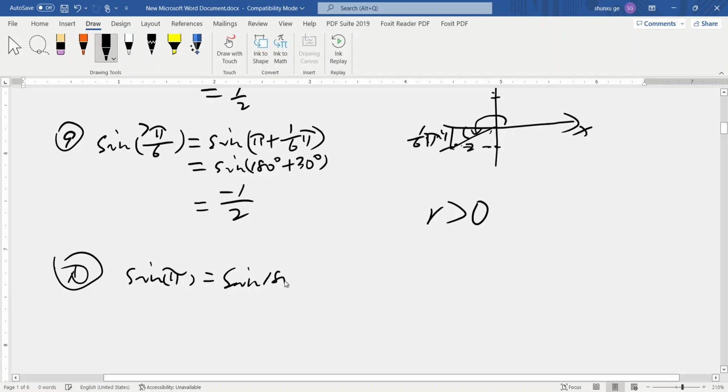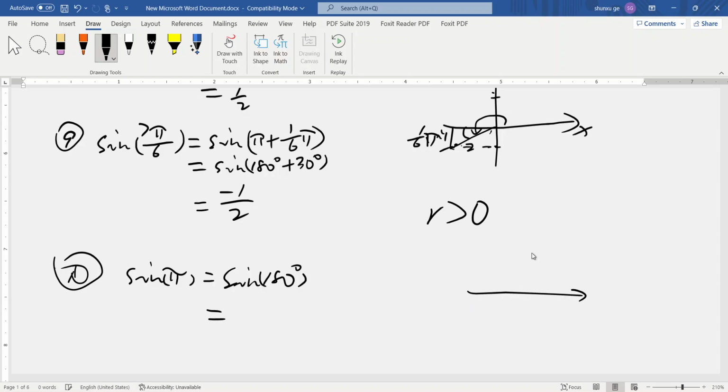Sin pi is sin 180 degree. So 180 is here. First graph is easy to understand and don't make a mistake. Degree is here, okay, this degree 180. This point is x, comma 0. Y is 0. So sin is y over r.